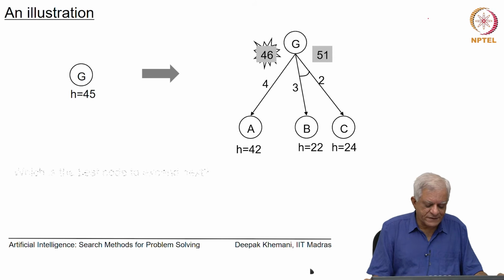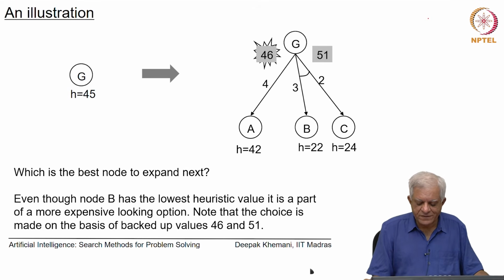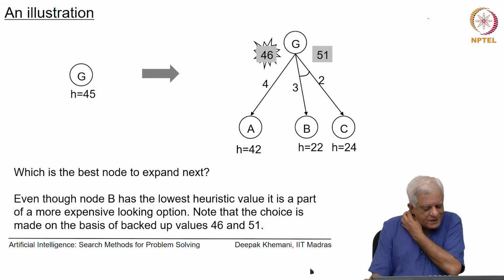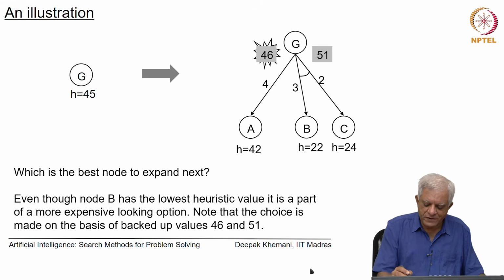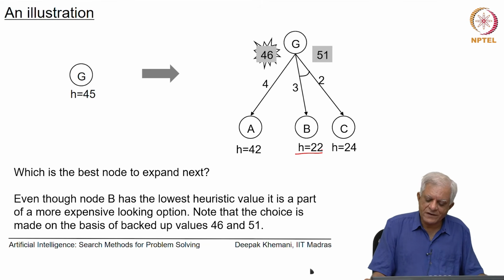Now, the question that you want to ask is, which is the next node that you should expand. You have three choices, A, B or C. Now, even though B appears to be the cheapest node because it has the cost of 22, it may not be the best choice because we are looking at it from the perspective of the root node, which is the goal node. From that perspective, if you were to refine the solution which contains B, then you would also have to refine the solution which contains C, and therefore, you would have to add the cost of B and C, which is 46, plus the two edges which are 3 and 5, that would be 51.